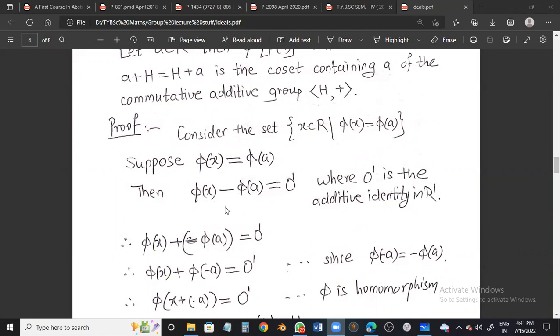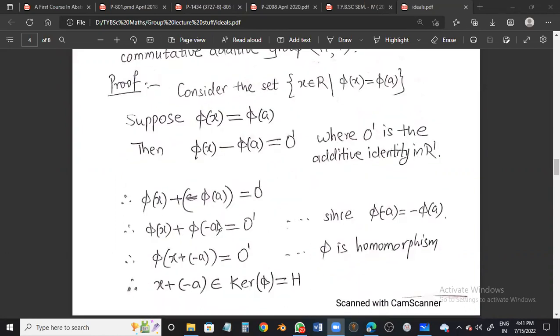So subtraction means adding the additive inverse. This we have written. But minus of phi of a is the same as phi of minus a. Earlier we have seen this. Additive inverse of the image is the image of the additive inverse.